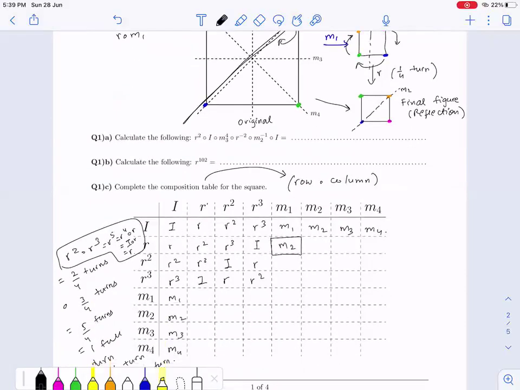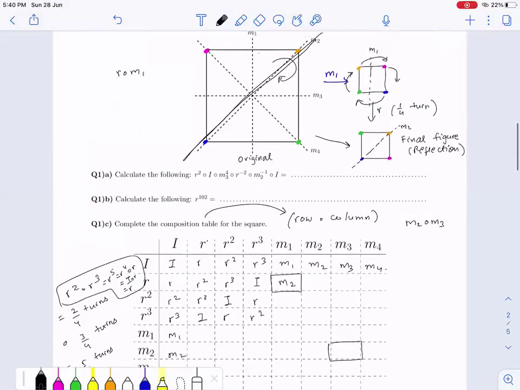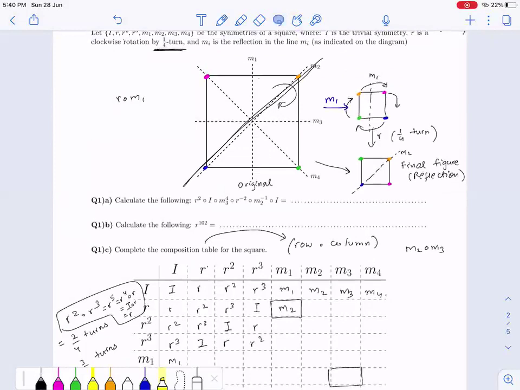Let's do one more. Let's do 2 reflections. Let's do M2 of M3. So I'll do this on the same figure here.